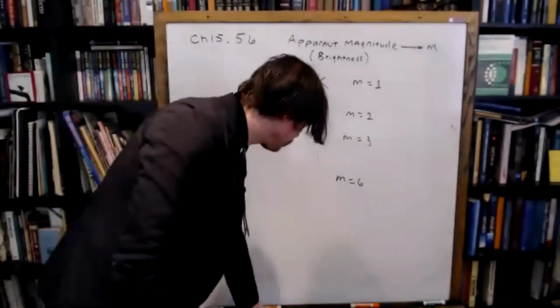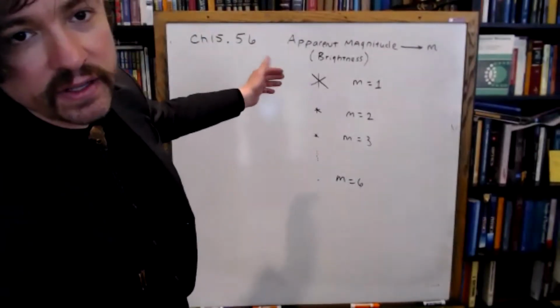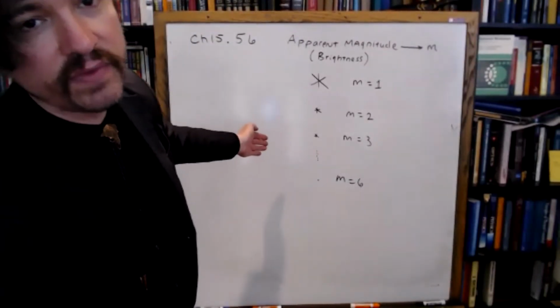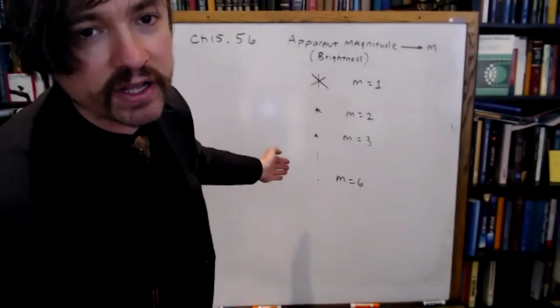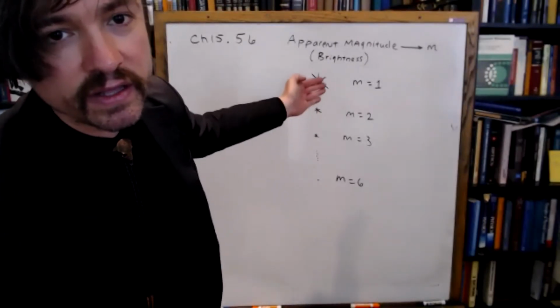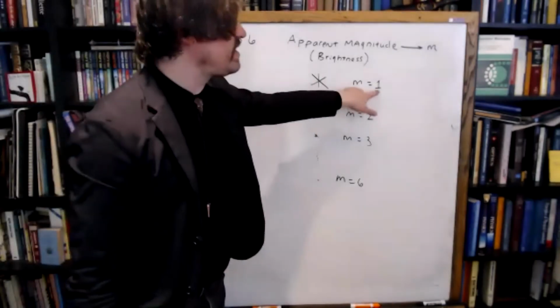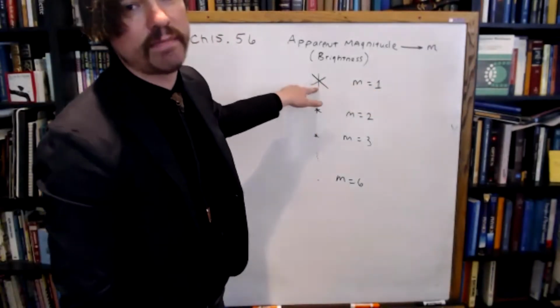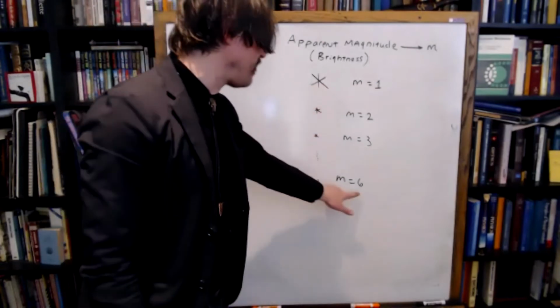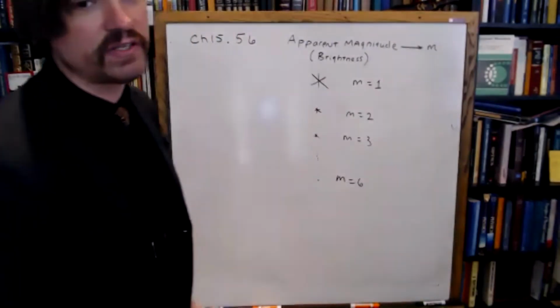Now, unfortunately, the person who invented this system, an ancient Greek named Hipparchos, made an unfortunate choice of using very small numbers to represent bright stars and larger numbers to represent dim stars.